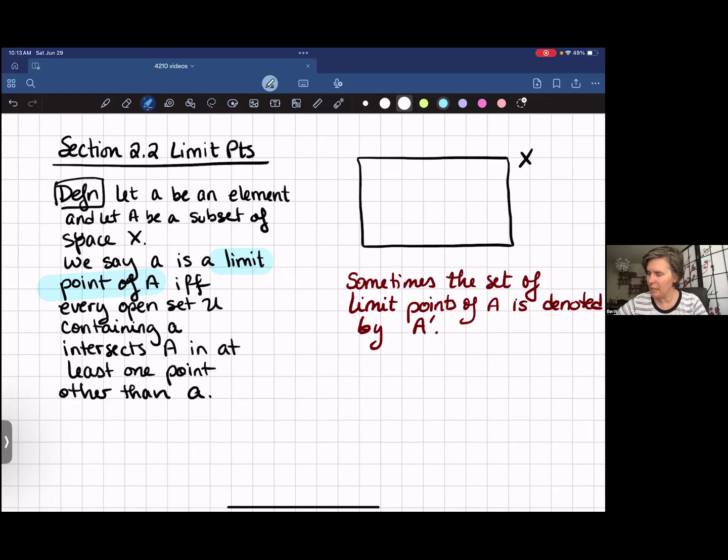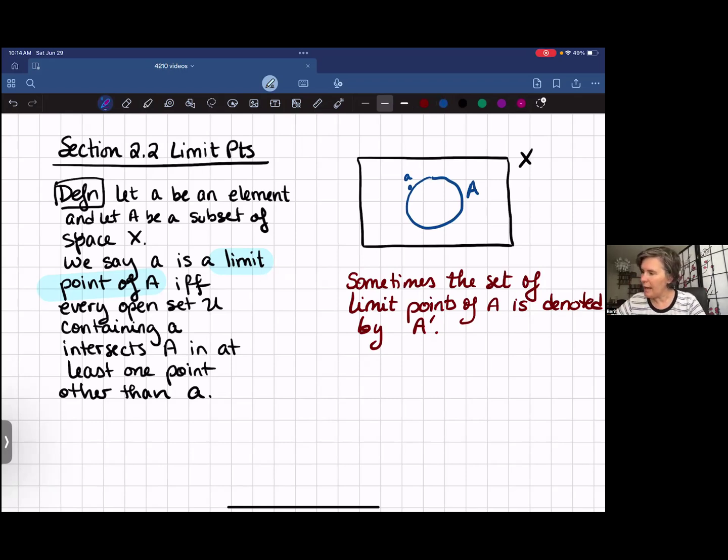So I have a set capital A and a point little a. Maybe little a is a point, and then capital A, I'm going to try to draw sort of near little a, but little a might be in capital A or it might not. Could be either one.